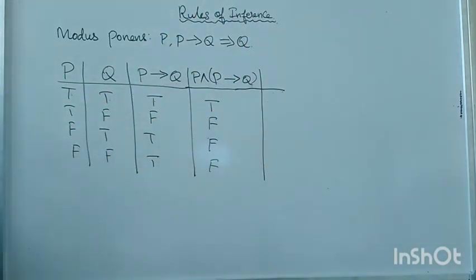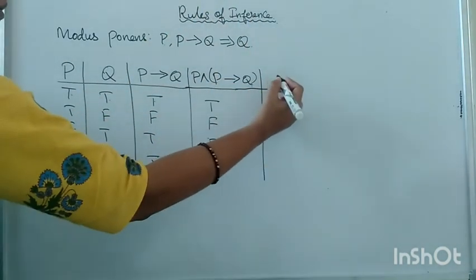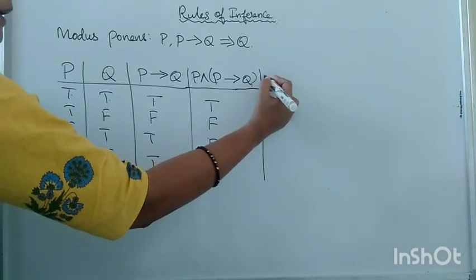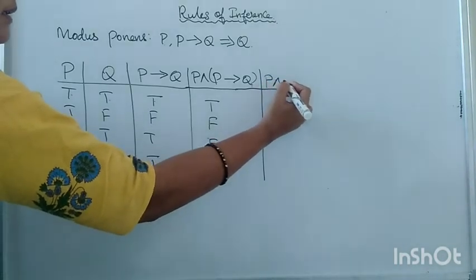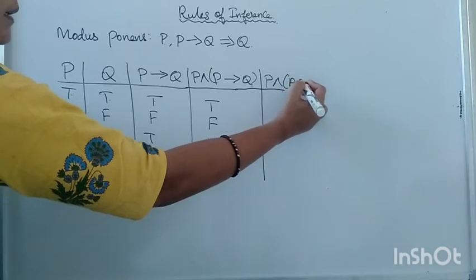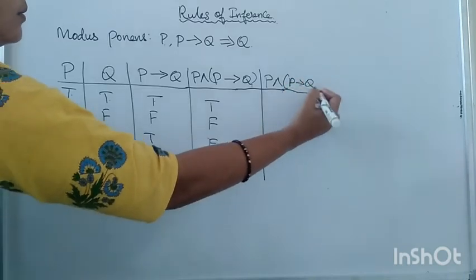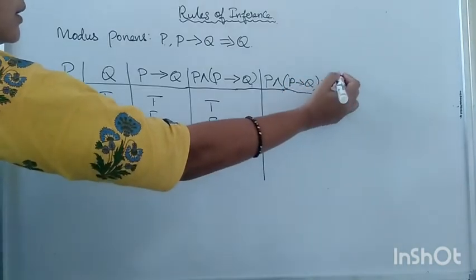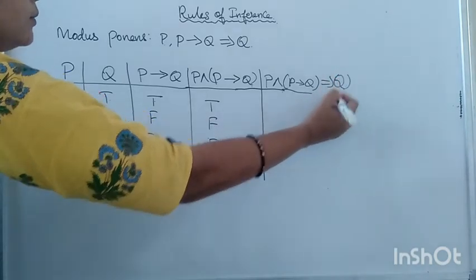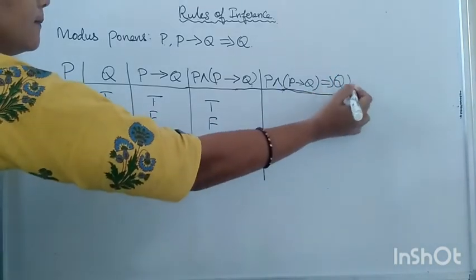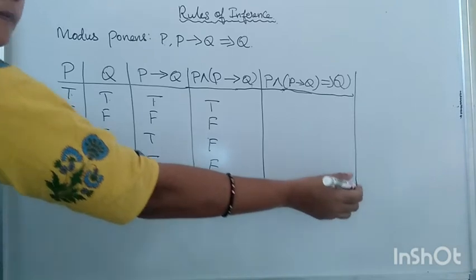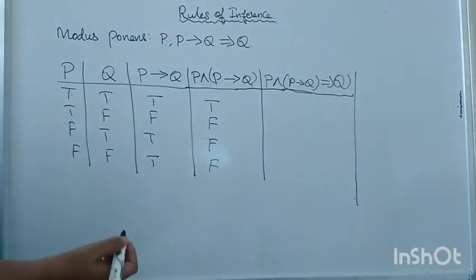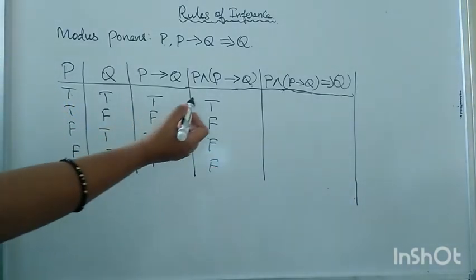So what I am going to do here is write P and P implies Q, tautologically implying Q. So now check here.